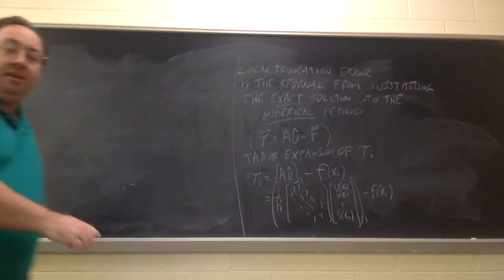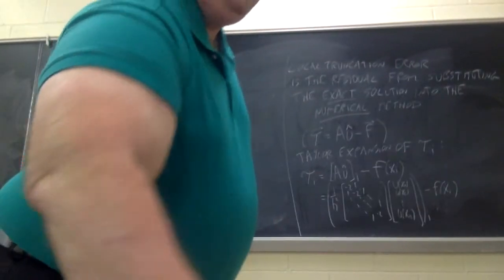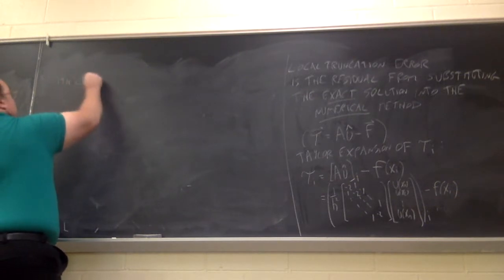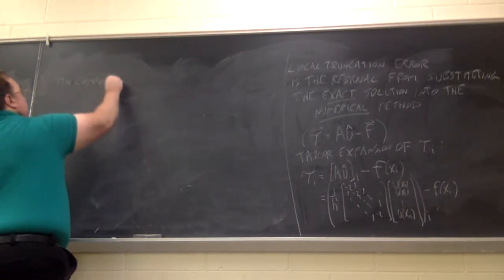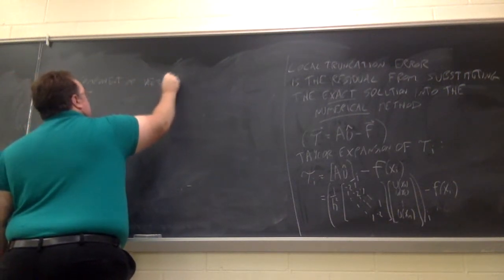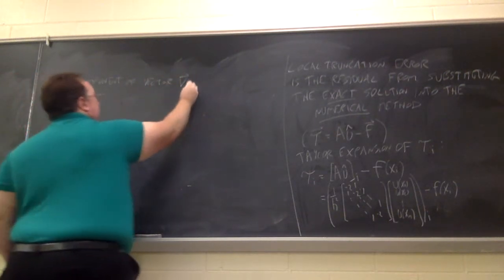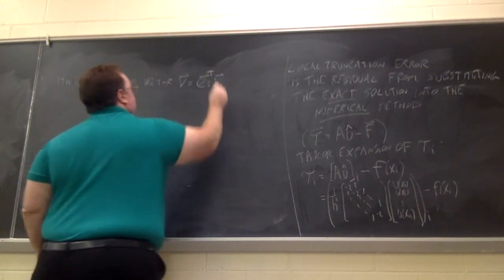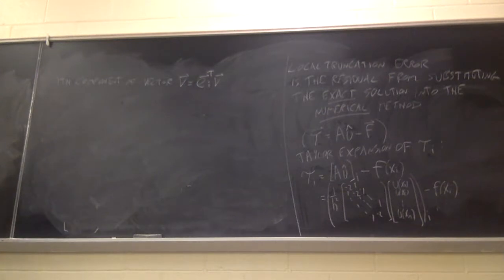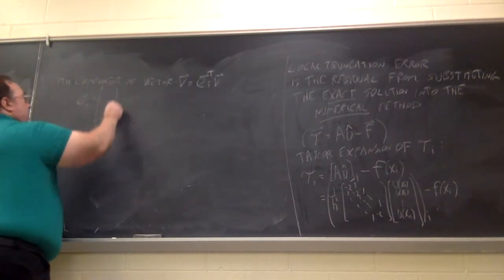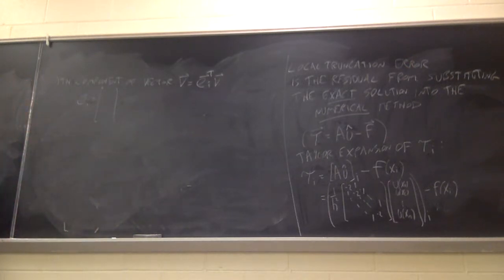So we're taking the ith component of a vector, any vector, I'll call it v. That's the same as e_i transpose v, where e_i is this vector. Well, actually, you know what?